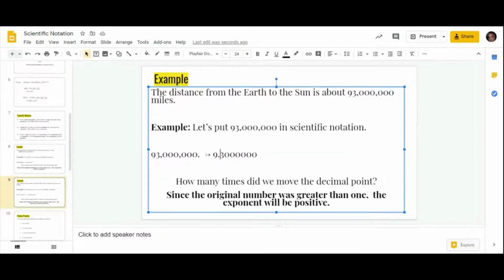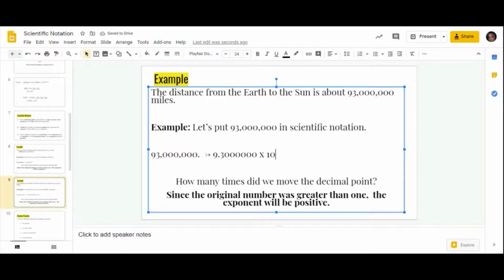Now that I've placed my decimal point, I can place my multiplication symbol because I know that when writing in scientific notation, I'll always be multiplying the number by a power of 10. So I can place my multiplication symbol and the 10.